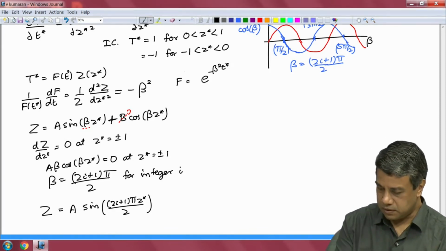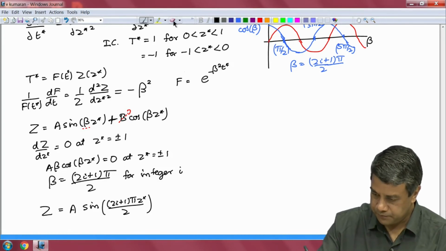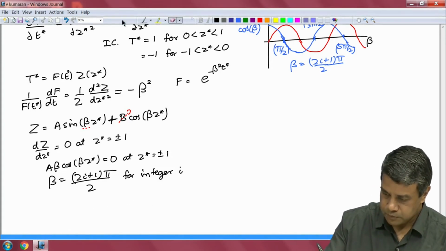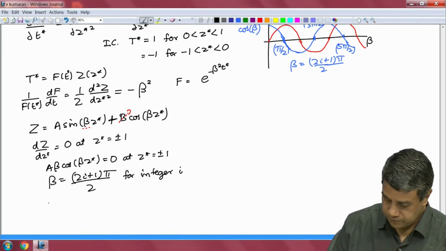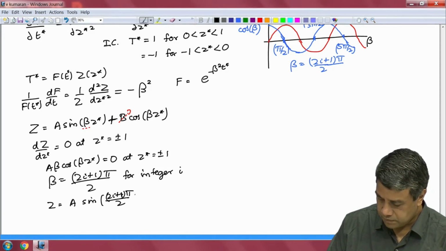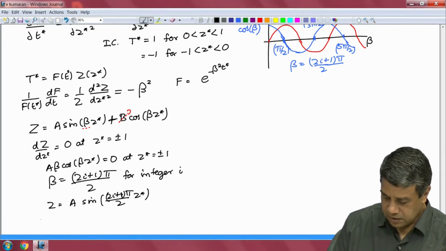Therefore, the total solution for the temperature T star.